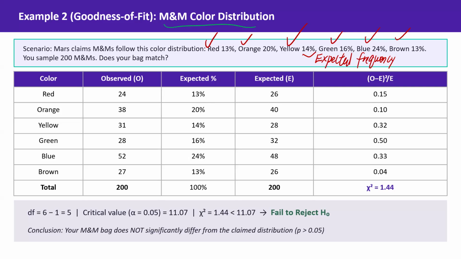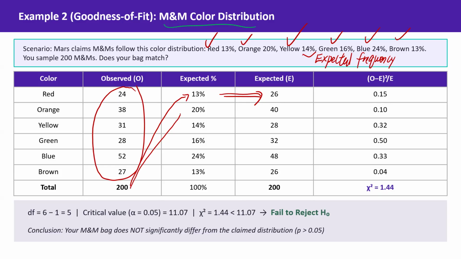And now here, we look at the observed frequencies, right? Out of 200 M&Ms sampled, there are 24 red, 38 orange, yellow is 31, green 28, blue 52, and then brown 27. The expected percentages are 13%, 20, 14, 16, 24, 13, right? So you do 200 times 13%, get an expected frequency of 26.